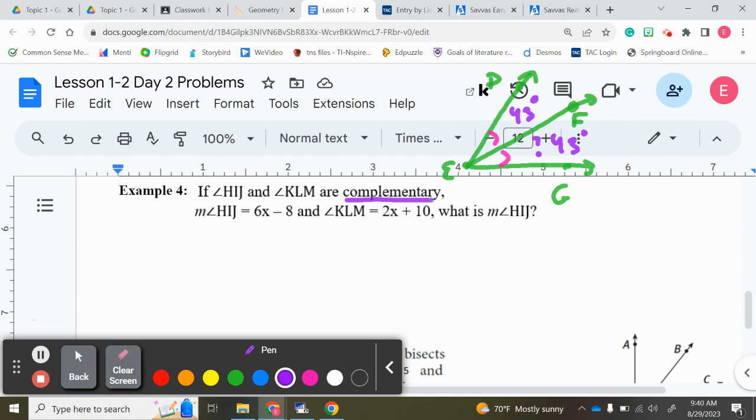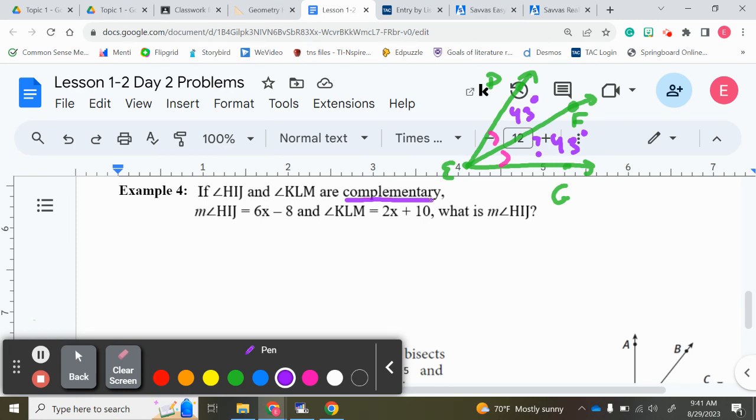How many degrees are the angles going to be in total? Close. Try the other one. 360, close. 90. Okay, so we're going to have a 90-degree angle here. If we were talking supplementary, it would be 180.